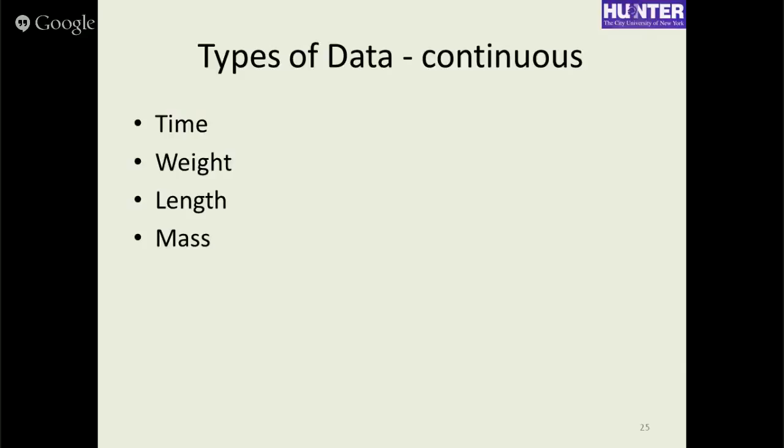You're right. That's where this distinction between continuous and discrete variables gets a little bit fuzzy. But these are kind of the classic continuous variables, because at least in theory they could be any value.